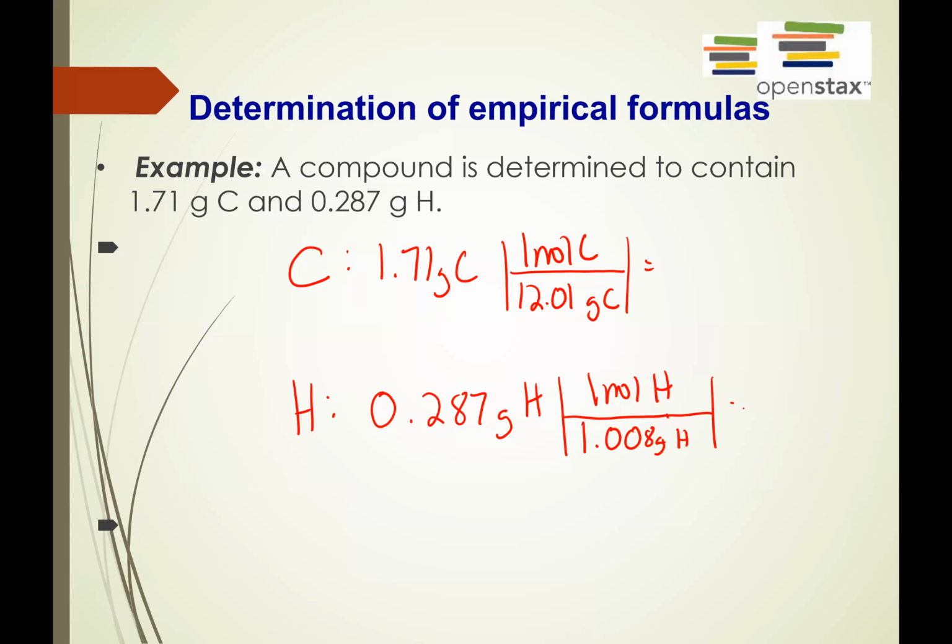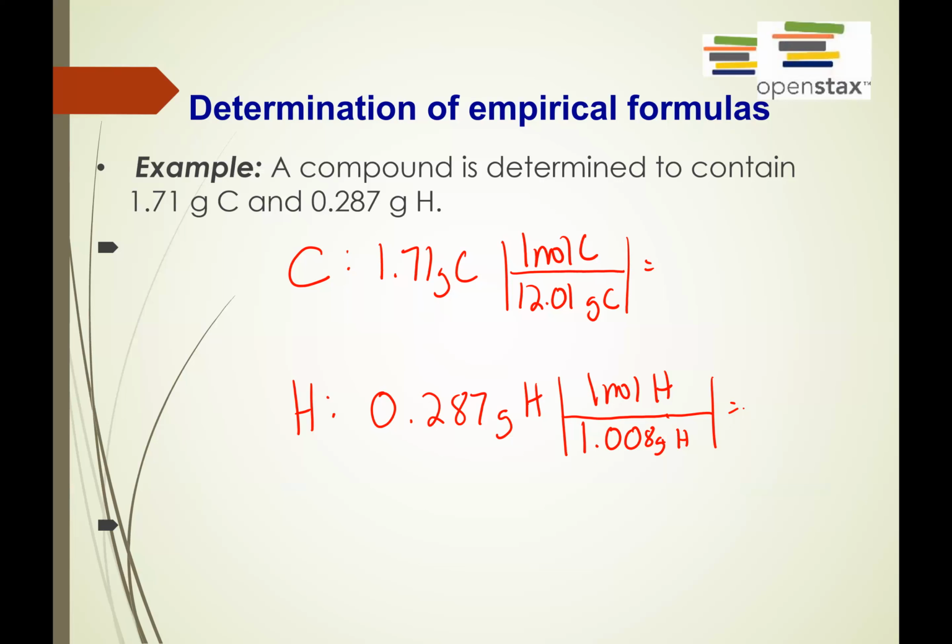And then we put these in our calculators. Now, when you're doing empirical formulas, don't round, and just ignore the world of significant figures. Make sure you keep 4 to 5 places past your decimal every time, and you're going to see why in just a second.